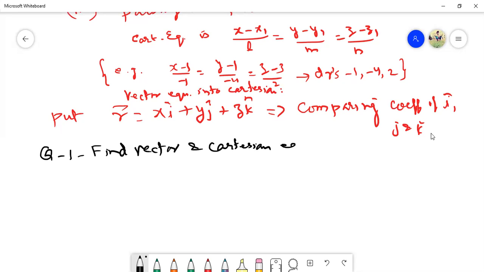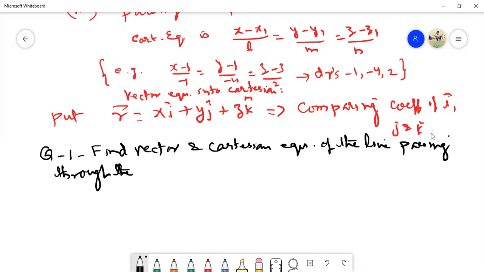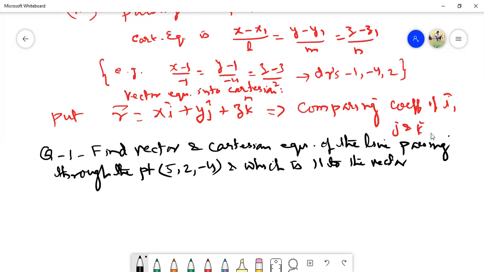Find the vector and Cartesian equation of the line passing through the point whose coordinates are 5, 2, -4, and which is parallel to the vector 5i plus j minus 7k.